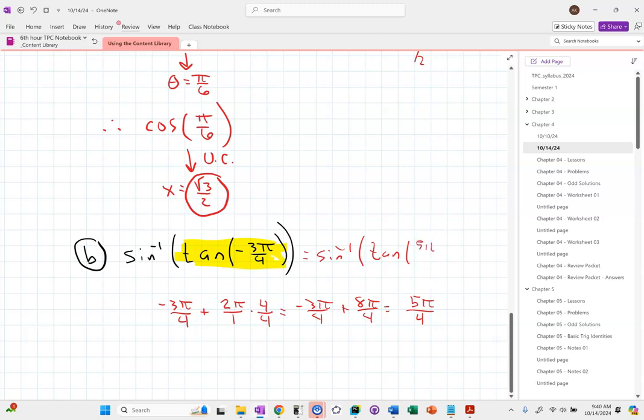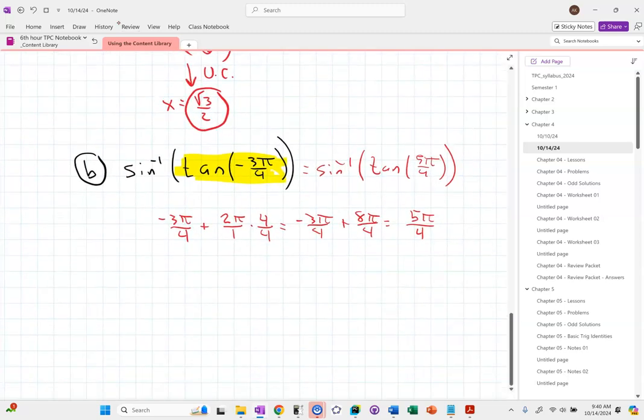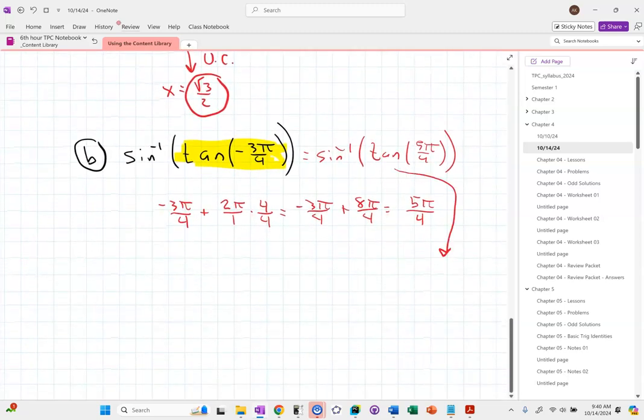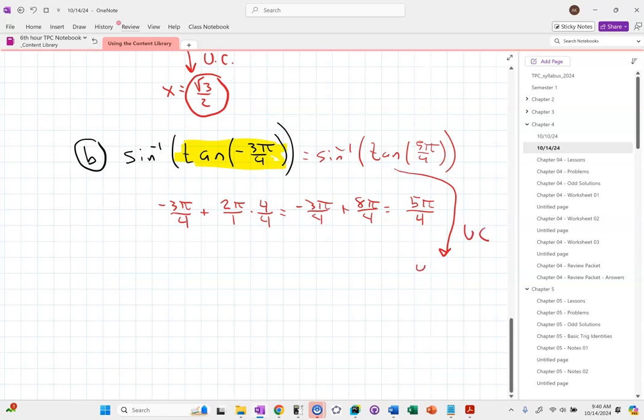That is a unit circle value, right? So on the unit circle, I'm going to find 5 pi over 4. I remember tangent is y over x.